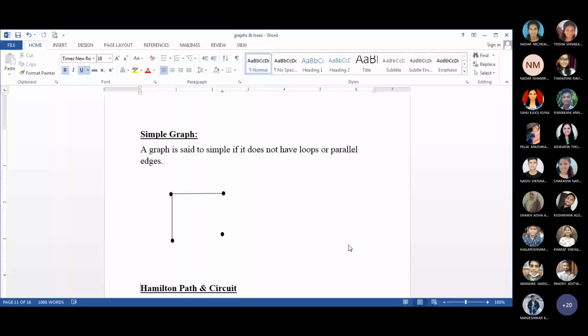So this is an example of a simple graph. Simple means no loop, no parallel edges. Okay.